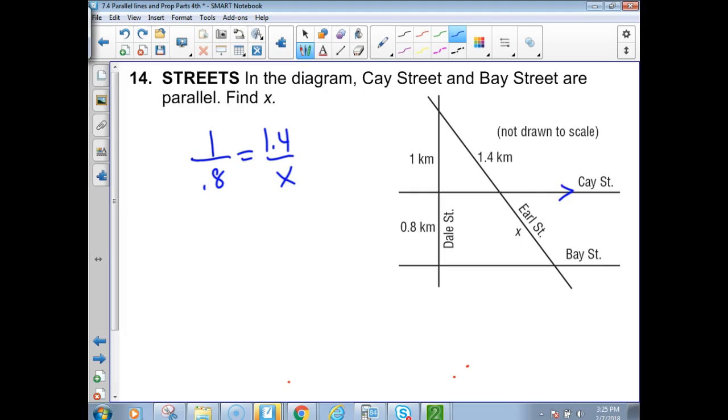K Street and Bay Street. Cross multiply, we get 1x right away. So we just need to find out what 0.8 times 1.4 is. And then we need to label it, and it's 1.12 kilometers.